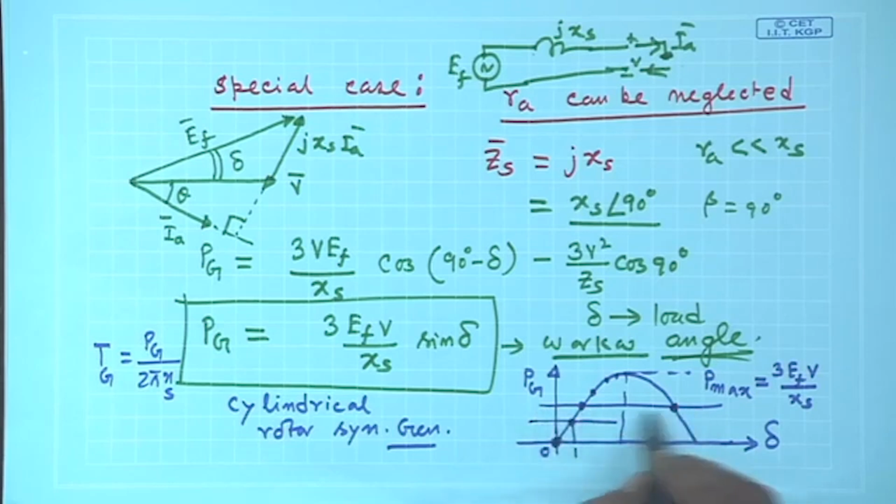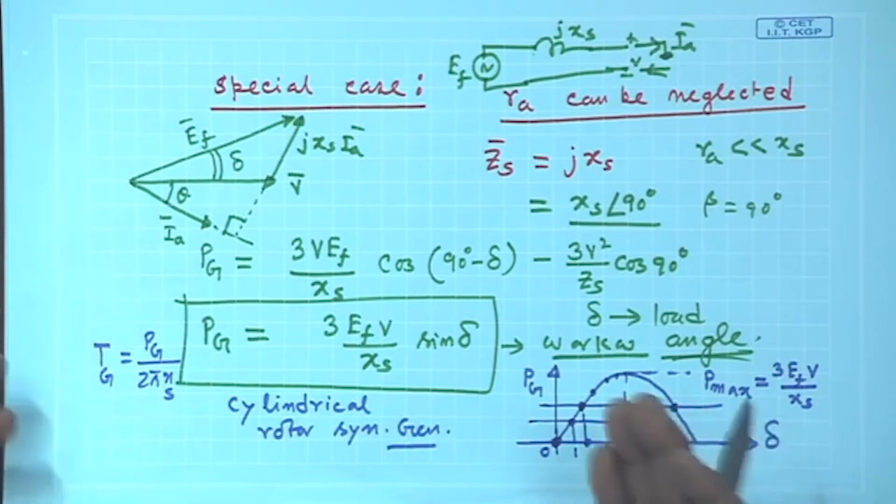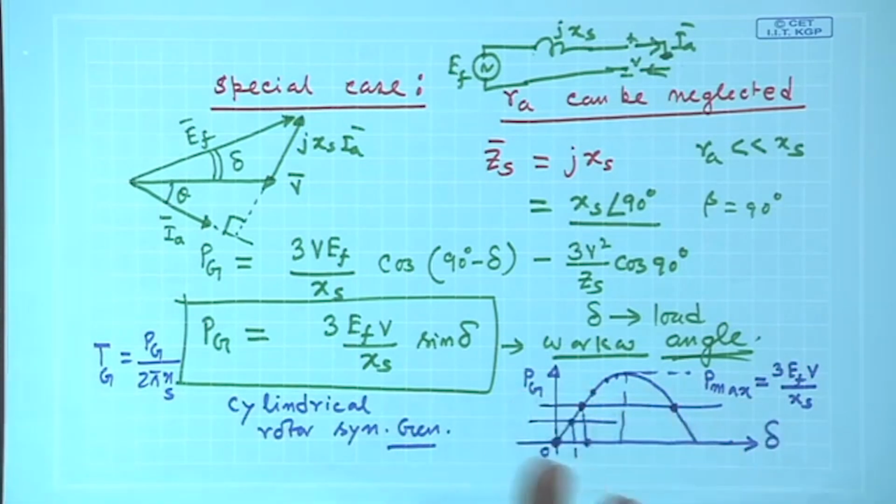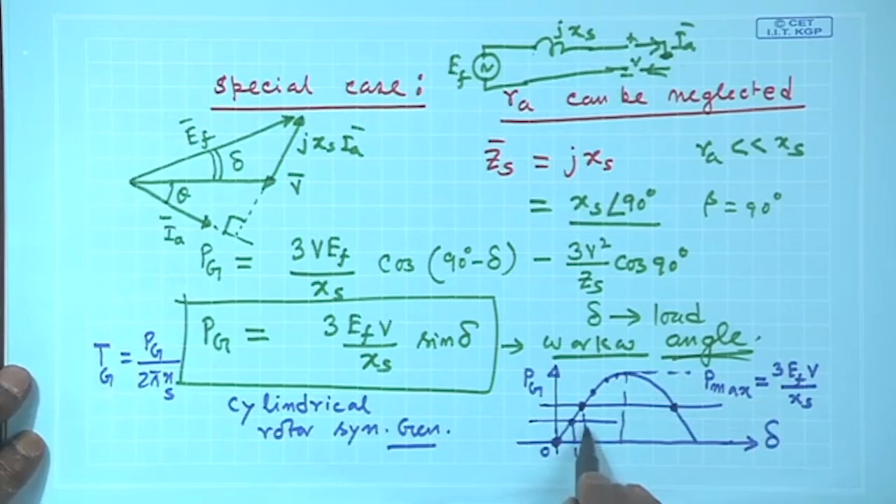Suppose the load is such that delta is this much. So, power and torque are synonymous in the case of a synchronous machine when you are considering steady state operation. Okay. Therefore, it is operating at some delta, at this point, suppose.